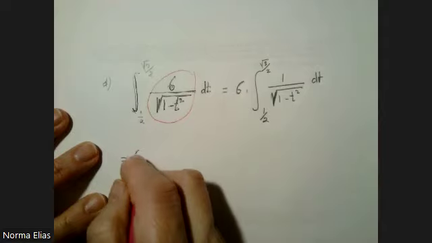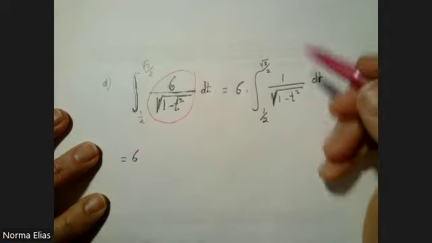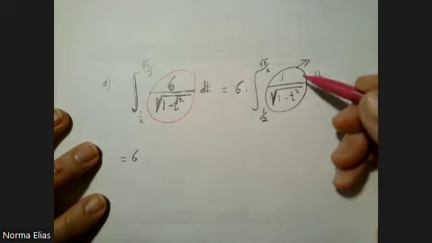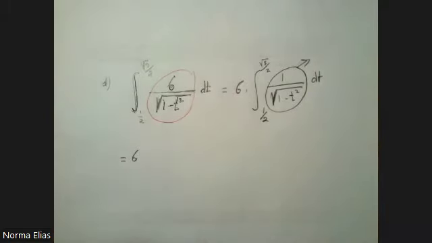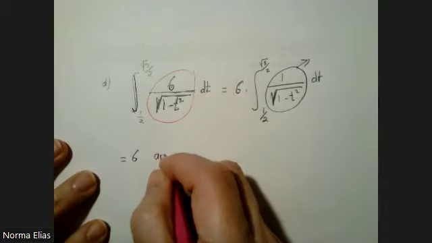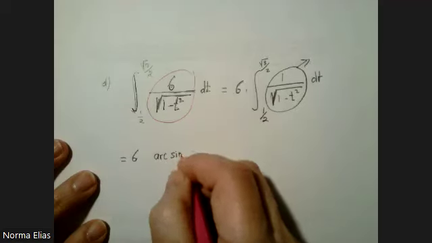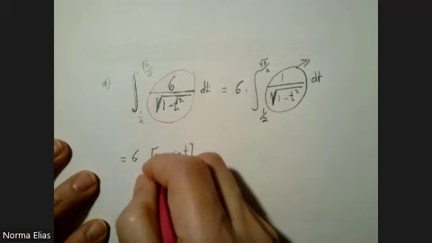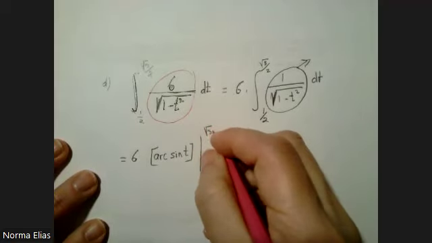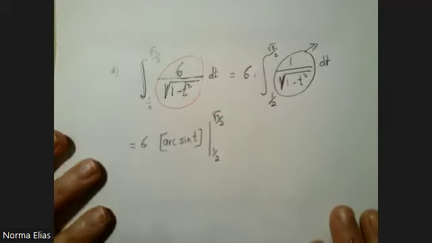And now quickly, what's the antiderivative of this function? What's the function whose derivative is 1 over the square root of 1 minus t squared? That's the arc sine. Exactly. So that's arc sine of t evaluated between a half and the square root of 3 over 2.